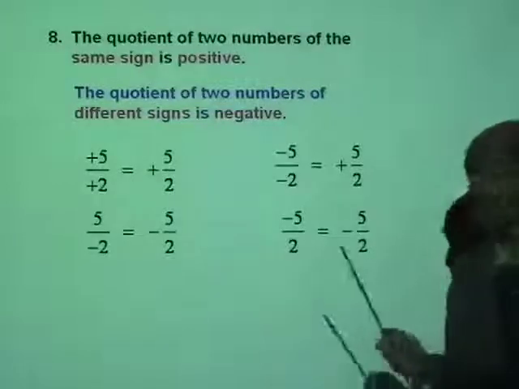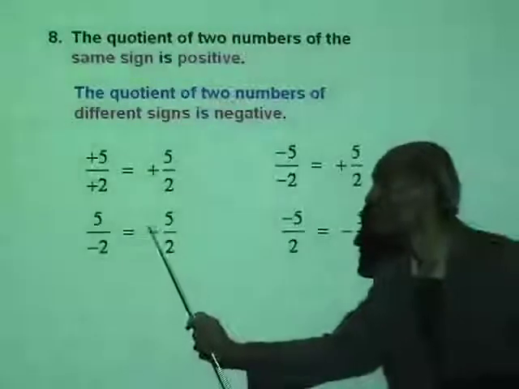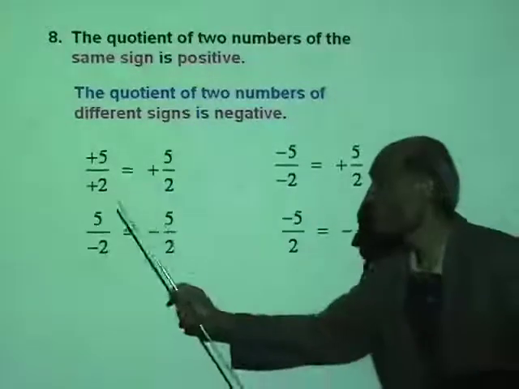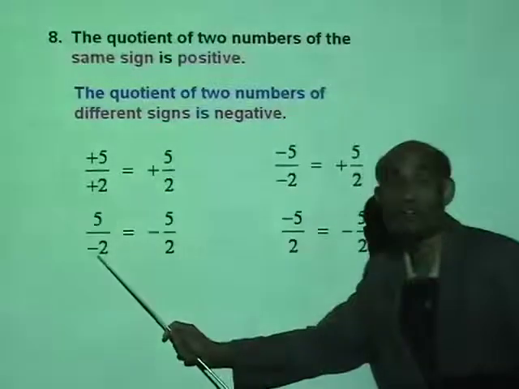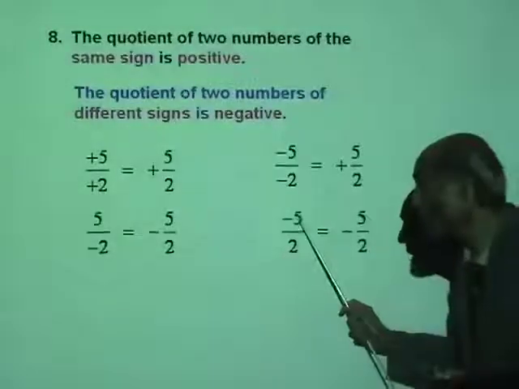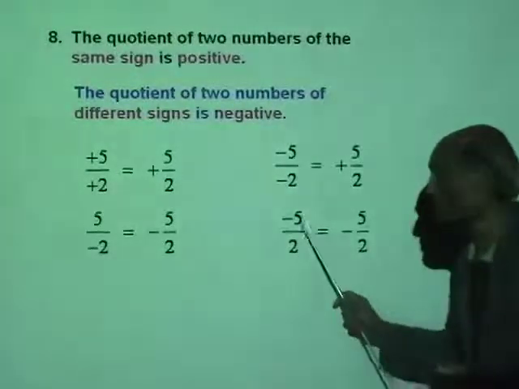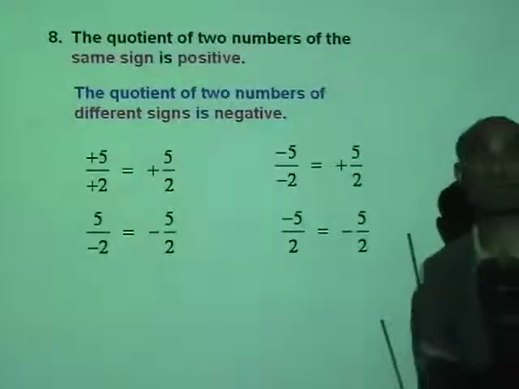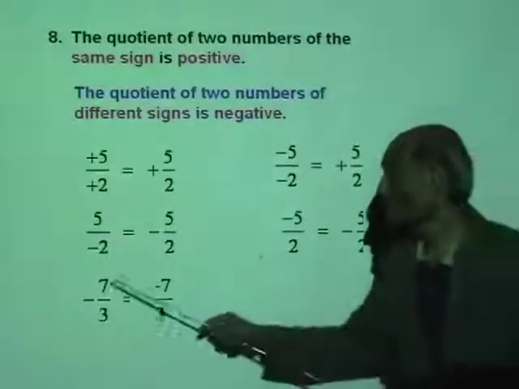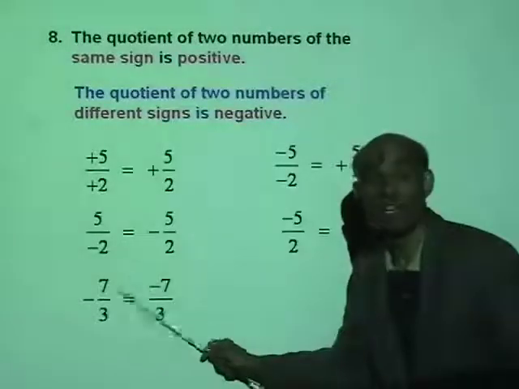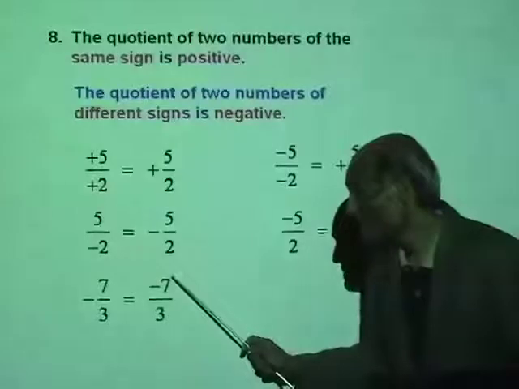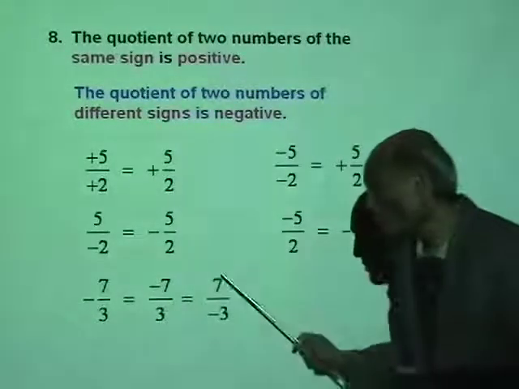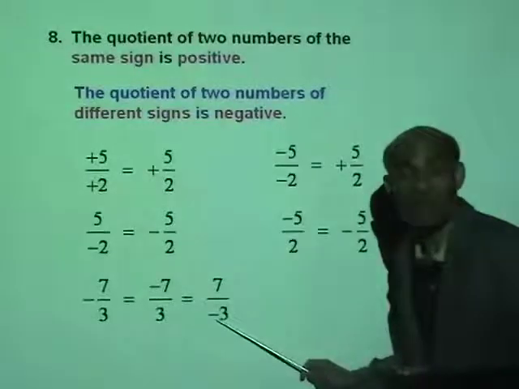So, I want you to look at this carefully. Negative 5 over 2, I told you this before, can be written as 5 over negative 2 or negative 5 over positive 2. Both these equal to negative 5 over 2. Now, negative 7 over 3 can be written as negative 7 over positive 3, or positive 7 divided by negative 3.